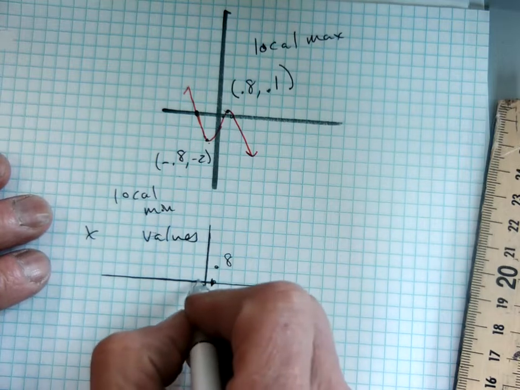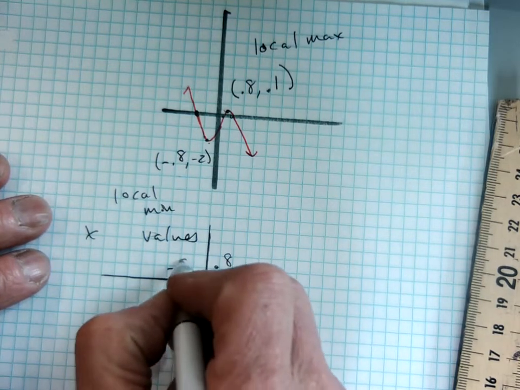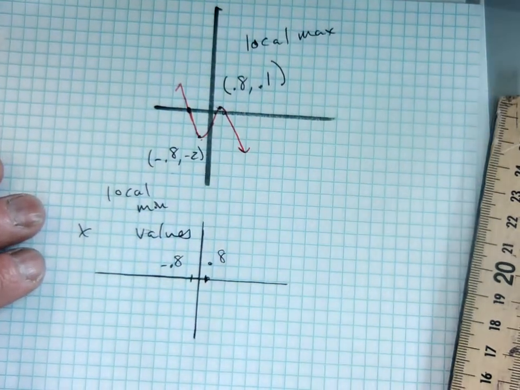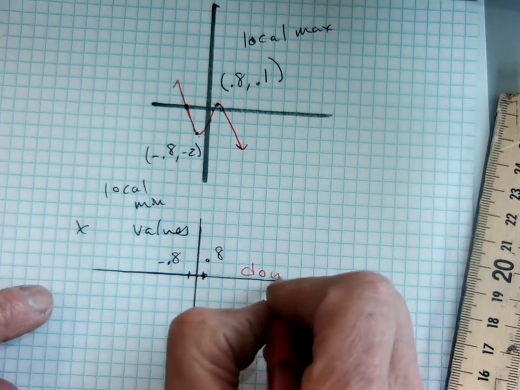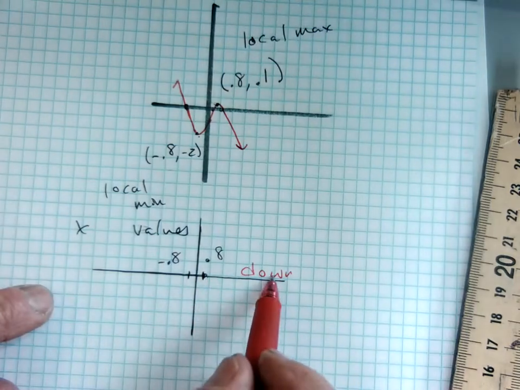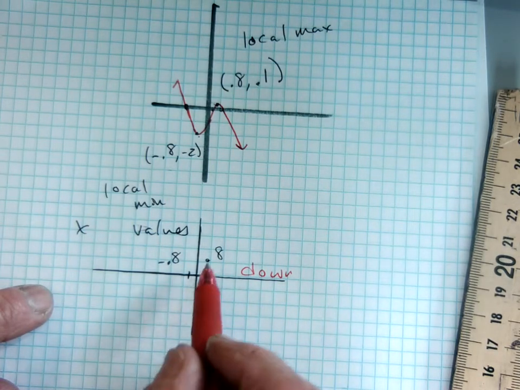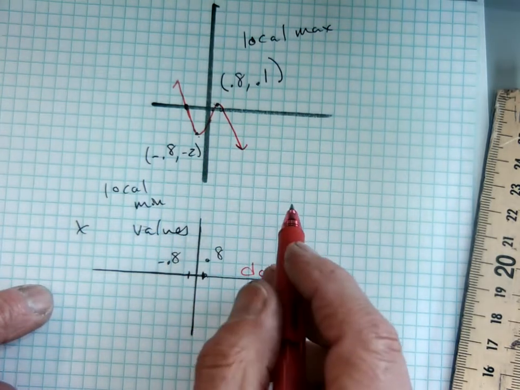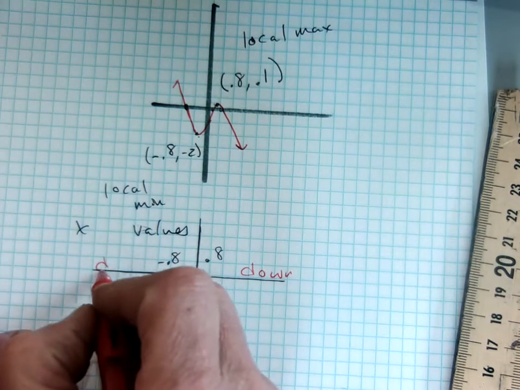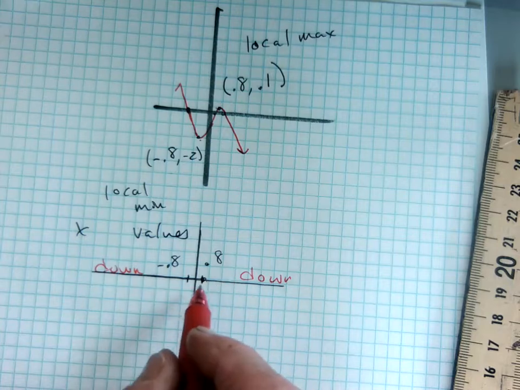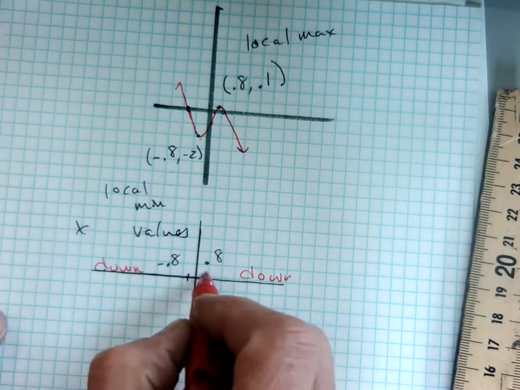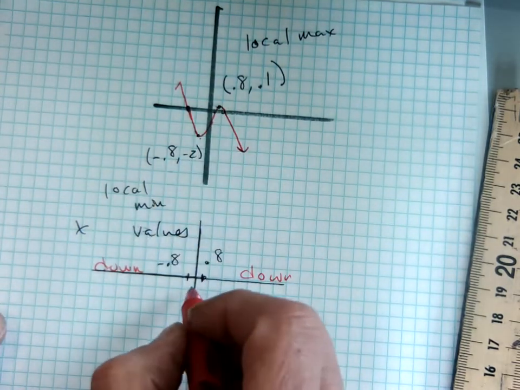You got a min right here at negative 0.8, okay? The graph goes down here from 0.8 on. The graph is going downhill from negative infinity to negative 0.8, and right in between this tiny little place in here, it goes up, okay? This tiny little place is going up.